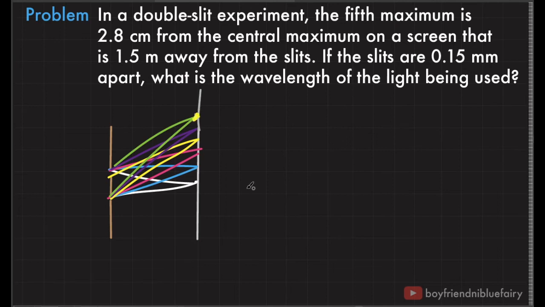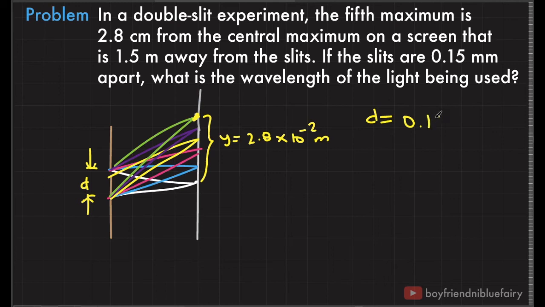And based on the given, it is 2.8 centimeters away from the central maximum. And the distance of the slits, let's represent it as d. According to the given, d equals 0.15 millimeters. The question is, what is the wavelength of the light being used?